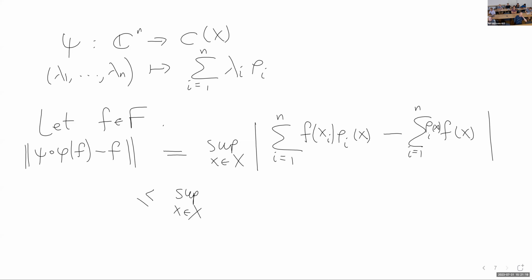This is at most the sum, i equals 1 to n, of the absolute value of f(x_i) minus f(x), times rho_i(x). Either x is not in the support of this rho_i, in which case this is just 0, or x is in the support of rho_i, in which case this is by choice less than epsilon, since f varies by less than epsilon on the support. So this is less than epsilon because the rho_i add up to 1. So that's it.